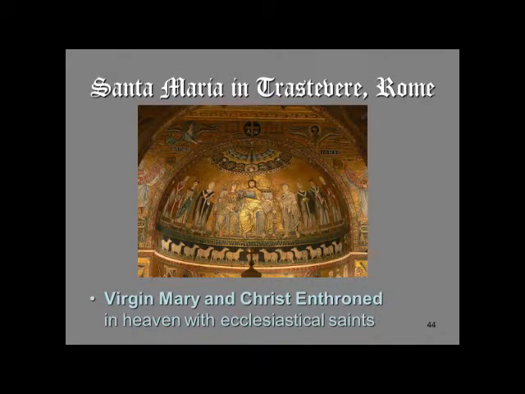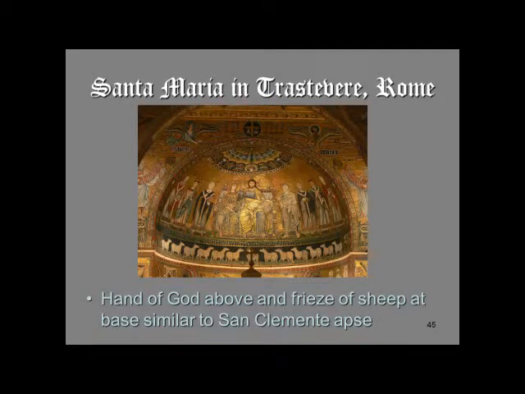Now, as you can see, and this is why it's very interesting iconography, we have Mary and Christ enthroned together in heaven. They're in heaven with ecclesiastical saints. In other words, all of these saints that are shown are clergymen. And here's some details that you already saw at San Clemente.